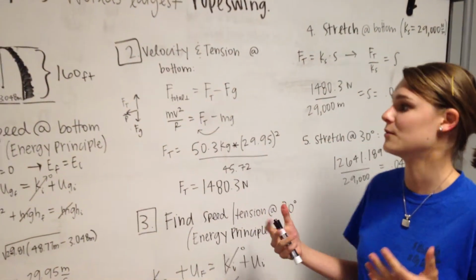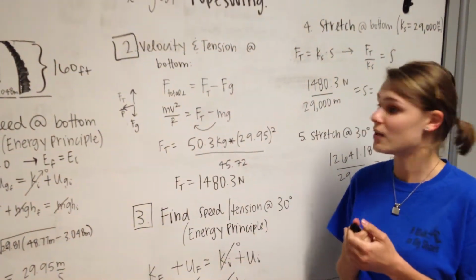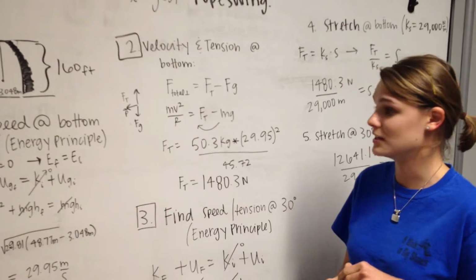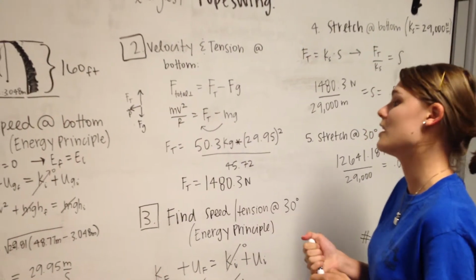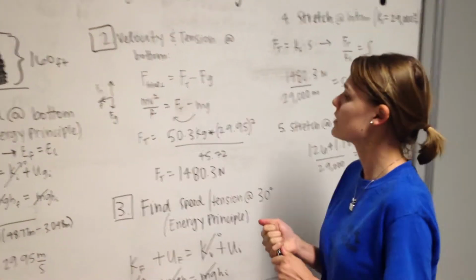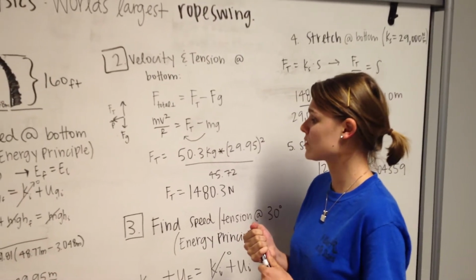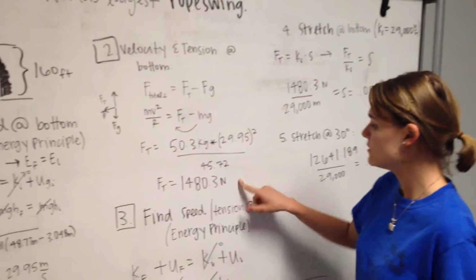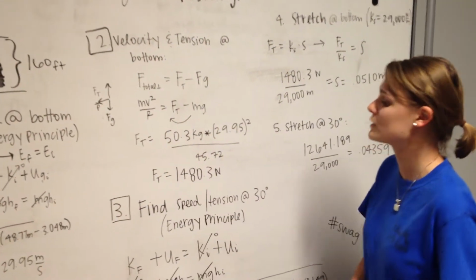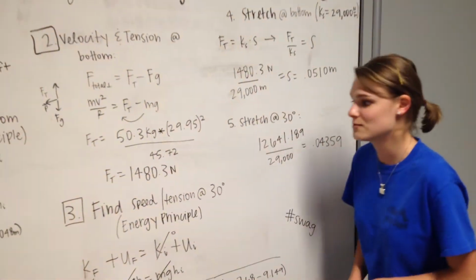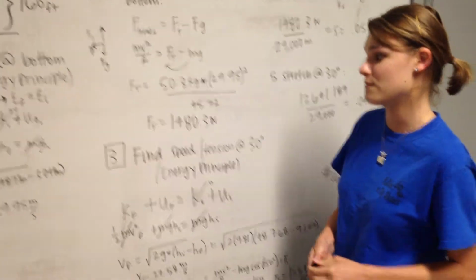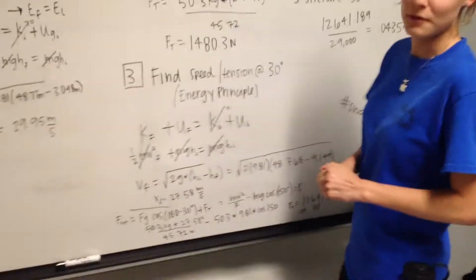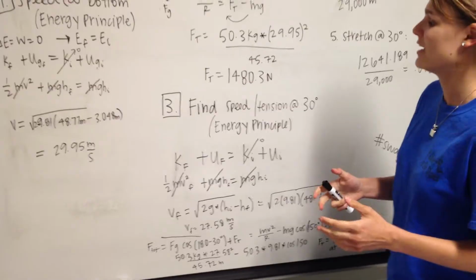And then we can plug in that mass times velocity squared over r, which is the length of our rope, equals F_T minus mg. And then we can just plug and chug all of our already known numbers, and we finally get 1,480.3 newtons is the force of tension at the bottom of the swing if I was riding it.